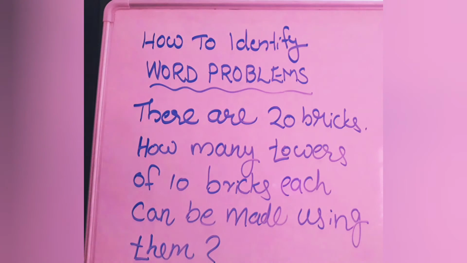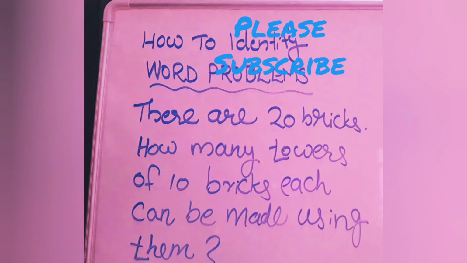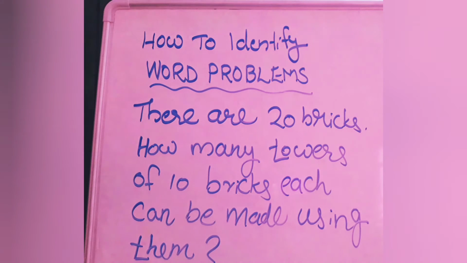Another question is that there are 20 bricks. How many towers of 10 bricks each can be made using them? Which operation will come? There are 20 bricks. You have to think of 20 bricks in your mind. How many towers? We have to make towers of 10 bricks. In each tower 10 bricks should be there.